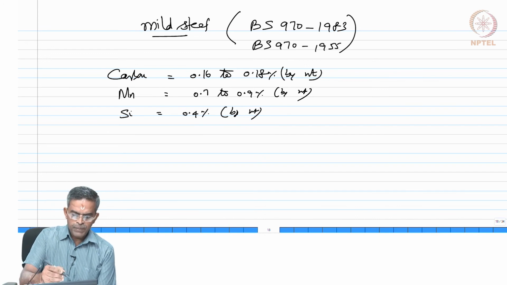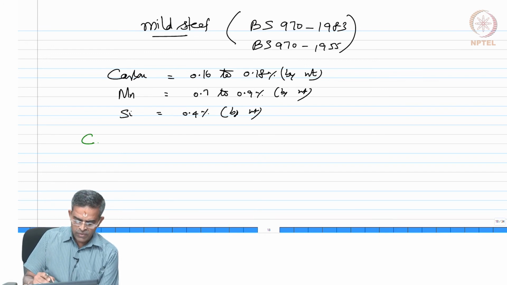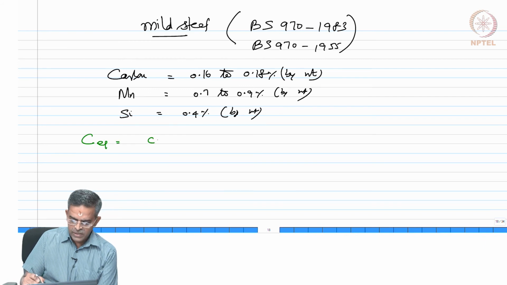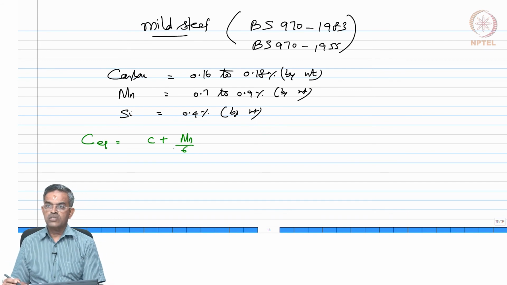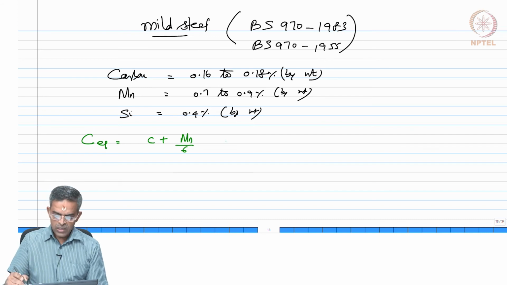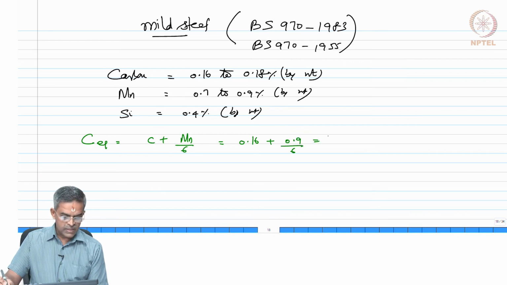Let us quickly compute the carbon equivalency for this, which will be C plus manganese by 6. This is what I know because other compositions are not involved in contributing to the carbon equivalency. So, we can quickly find out this is 0.6 plus, let us say, 0.9 by 6, which is 0.31%.